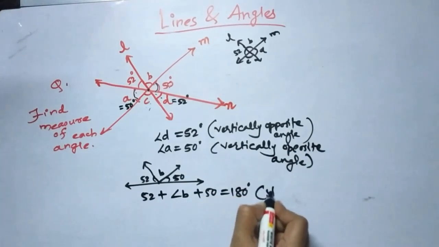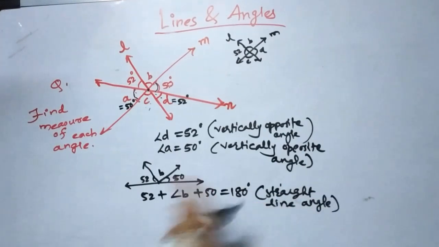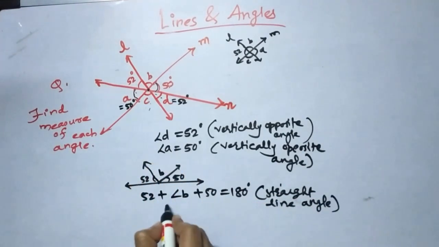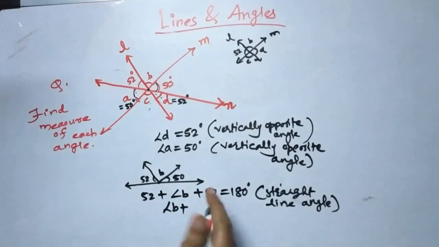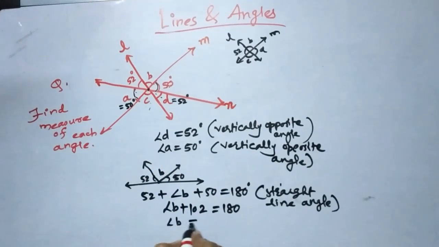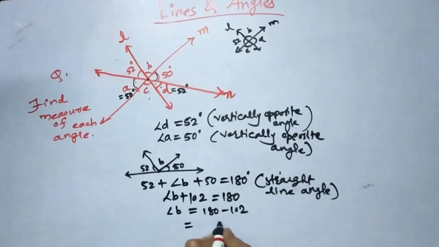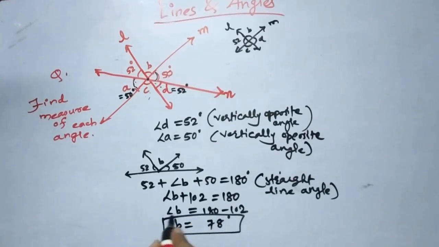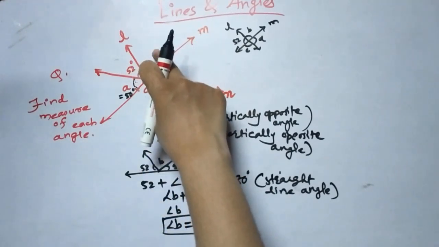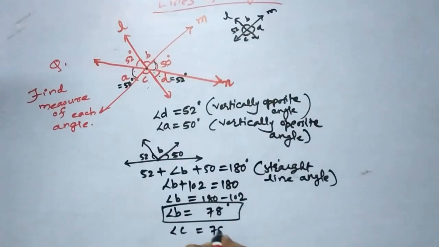Reason: straight line angles are supplementary. 52 and 50 add to get 102. So angle B is 180 minus 102, which is 78 degrees. So angle C is also going to be 78, because it is a vertically opposite angle.